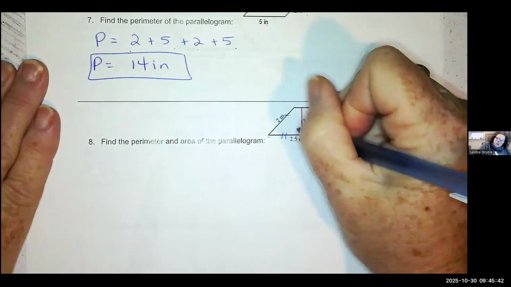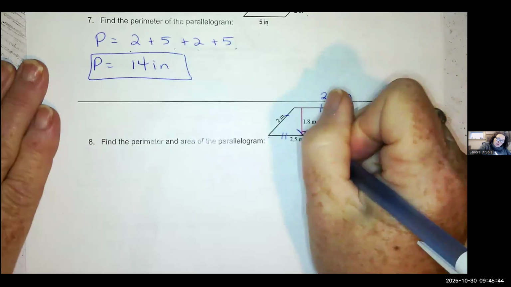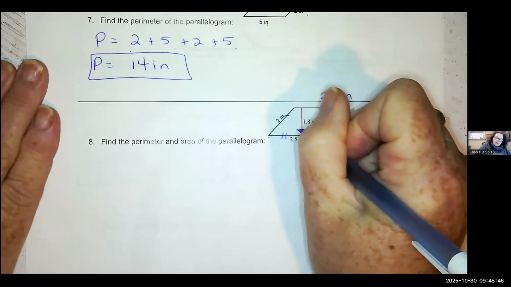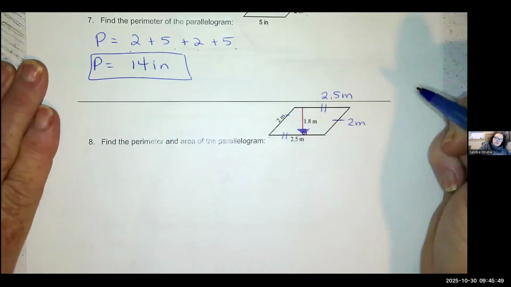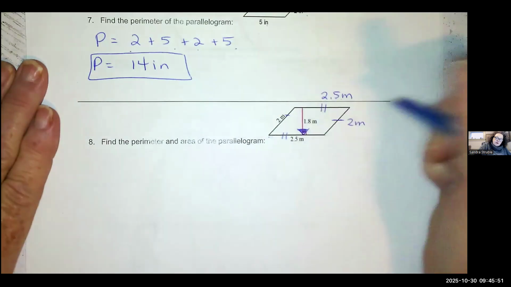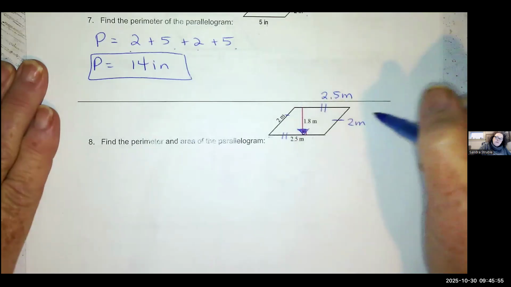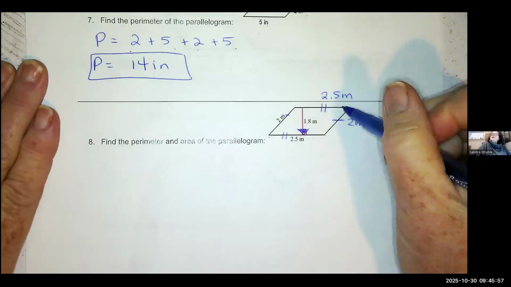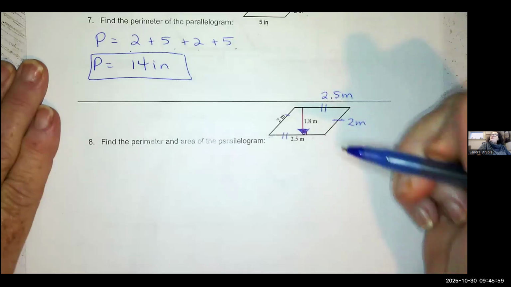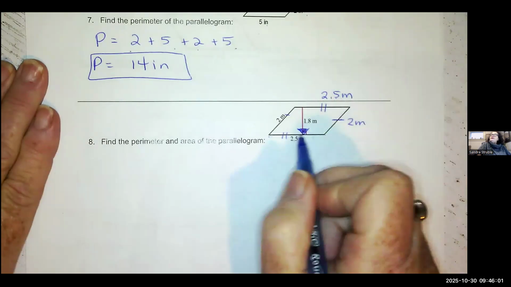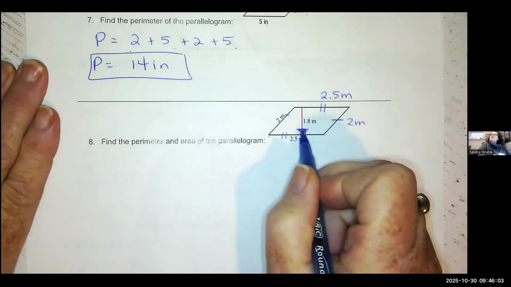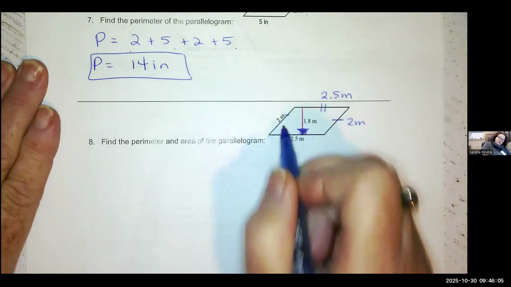I always look at it as your base is the one that the height is pointing to, because these are going to be the same anyways. It might be that your height is over here to the side just to show the distance from the top to the bottom. That means that that's your height. And whatever it's pointing to, down or up, is your base. Okay, attempt this one yourself and then come back to see how you do.